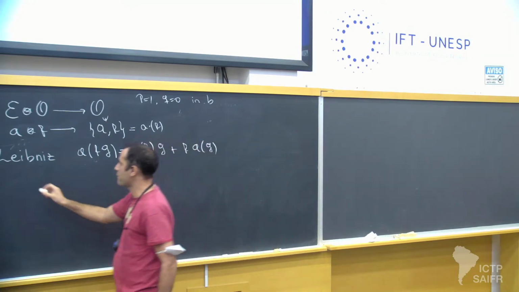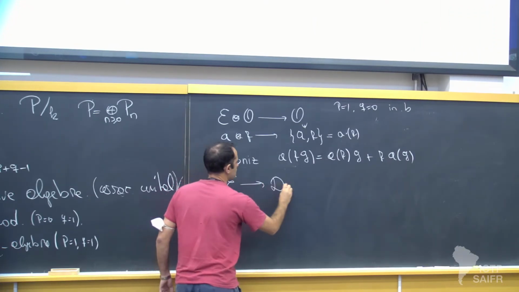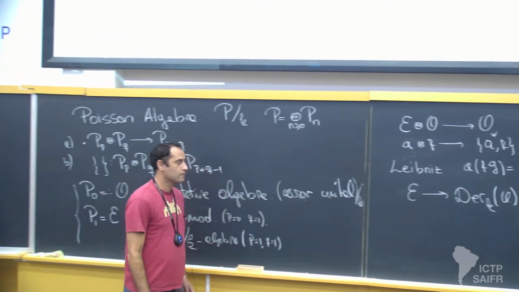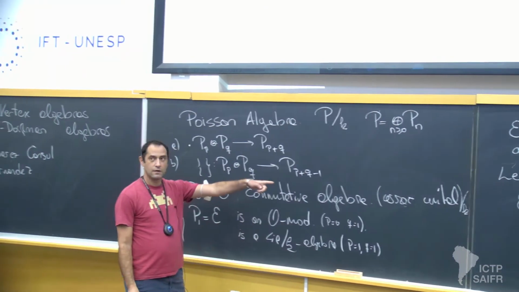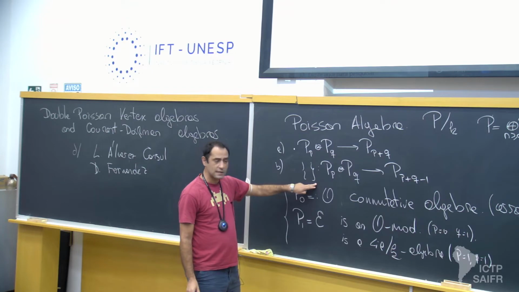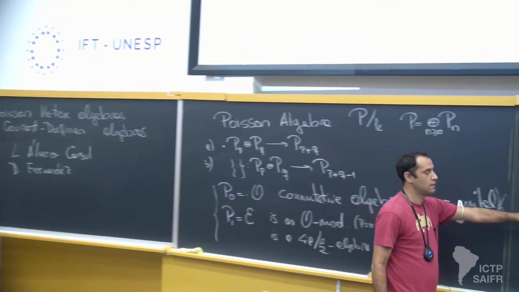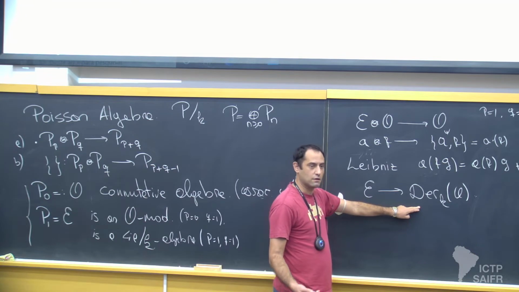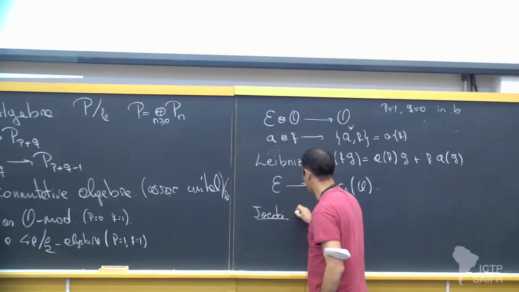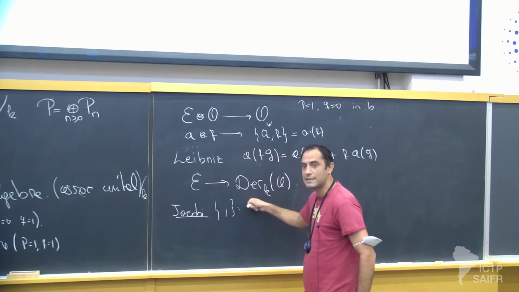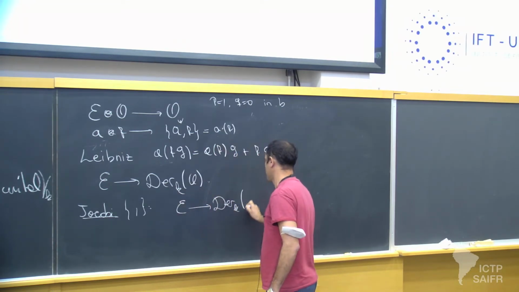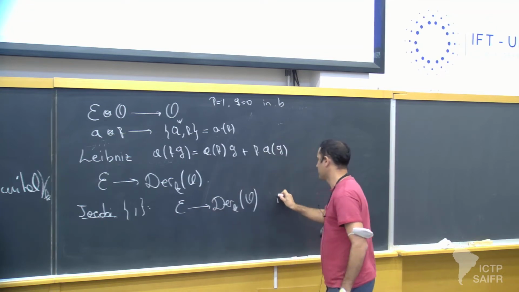So what you get is a map from E into derivations over K of O. Moreover, this E has a Lie algebra structure given by this bracket, and you just check that this map, by the Jacobi identity for the Poisson bracket in P, is a Lie algebra morphism.